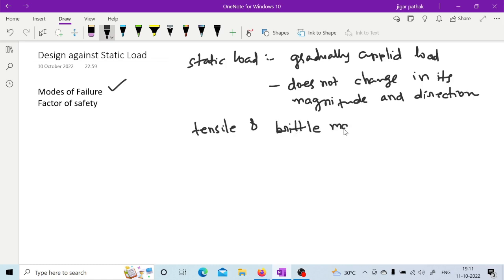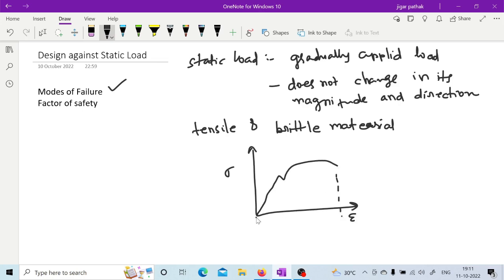What we mean by this is, whenever you have a stress strain curve, let us say for mild steel, whatever percentage elongation is there before failure or fracture, let us say this is the failure point or fracture point, this particular delta is known as percentage elongation.